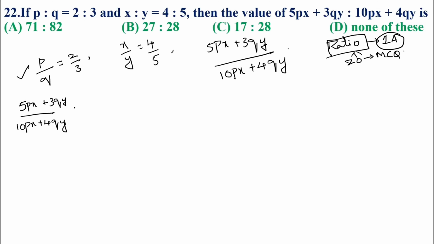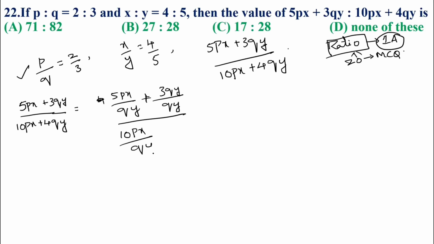If I divide each by qy, then it will become 5px by qy plus 3qy by qy, I am writing in detail, and 10px by qy and 4qy by qy. Here qy will be cancelled. Here p by q, x by y we can implement.